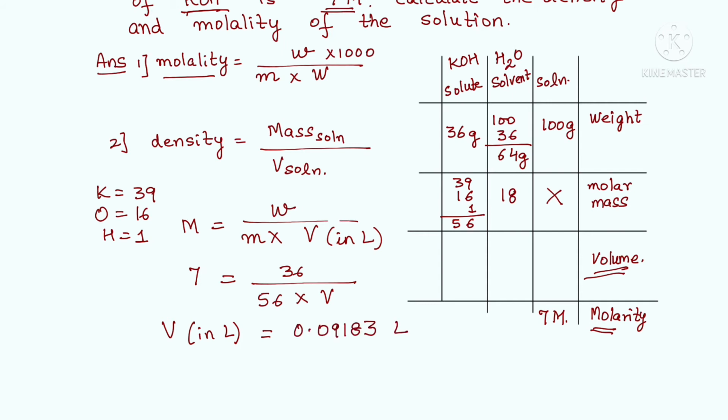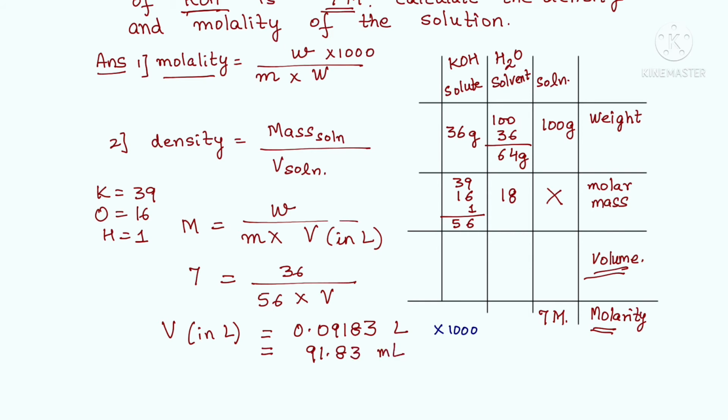So I get the value of volume as 0.09183 liters, and I can also write it in milliliters by multiplying it by 1000. 1 liter is 1000 ml, right? So I get it here as 91.83 milliliters.